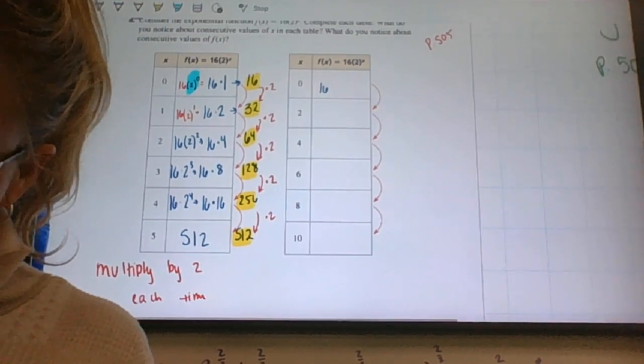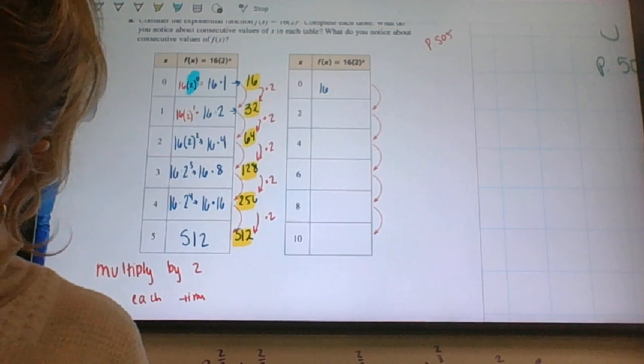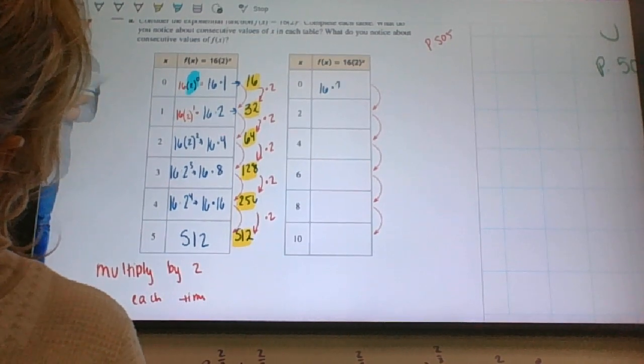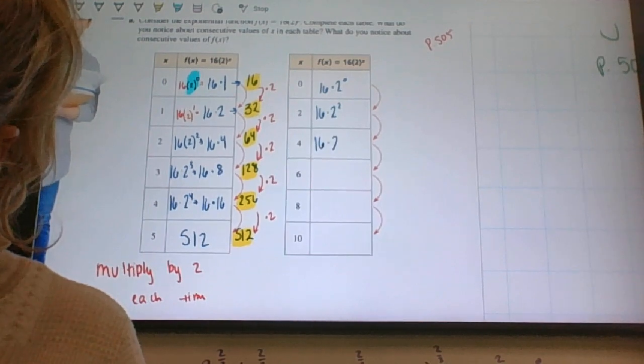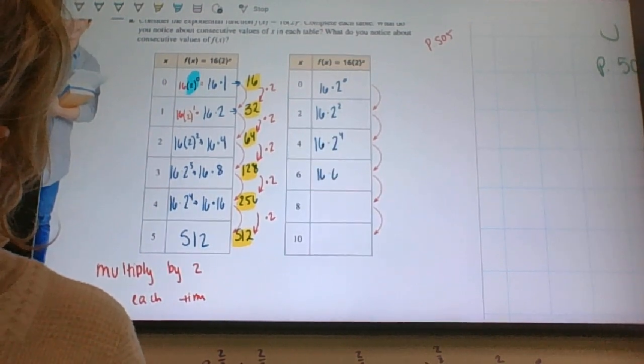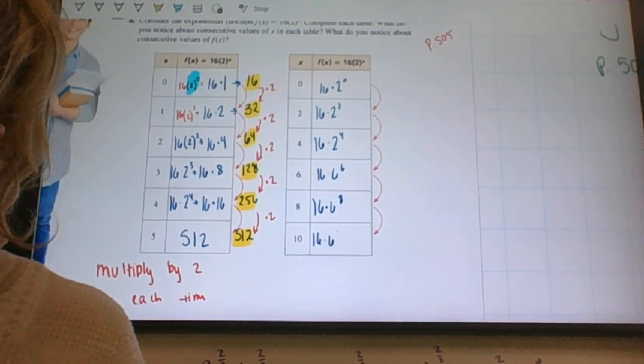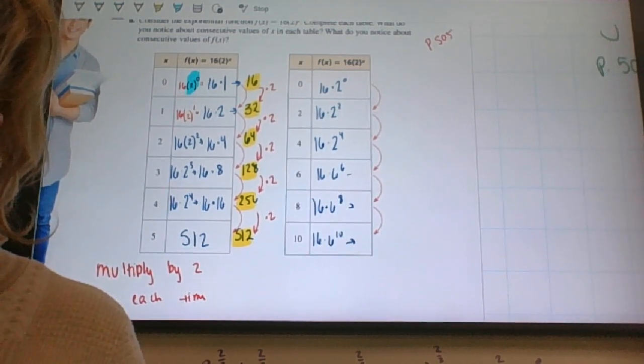What happens if our x's go by 2s, I wonder? Any predictions? Gosh, these numbers are going to be huge, I think.